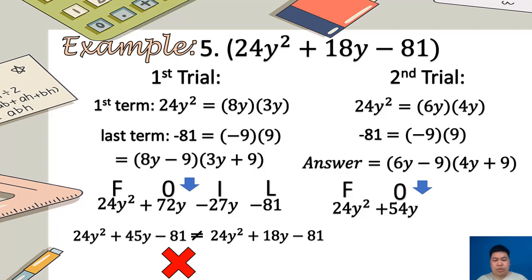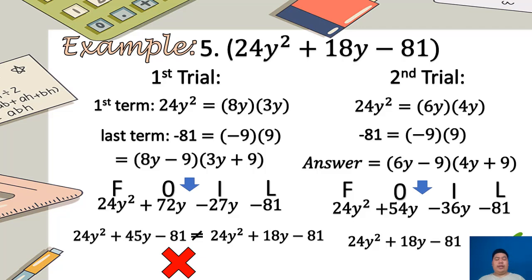Then negative 9 multiplied by 4y, we have negative 36y. Then negative 9 multiplied by 9, we have negative 81. So combine like terms. 54y minus 36y, we have 18y. So the factor of 24y squared plus 18y minus 81 is 6y minus 9 and 4y plus 9. Okay, that's all.